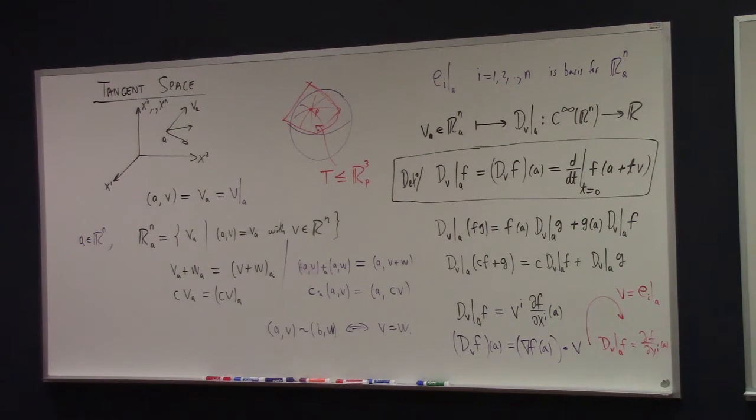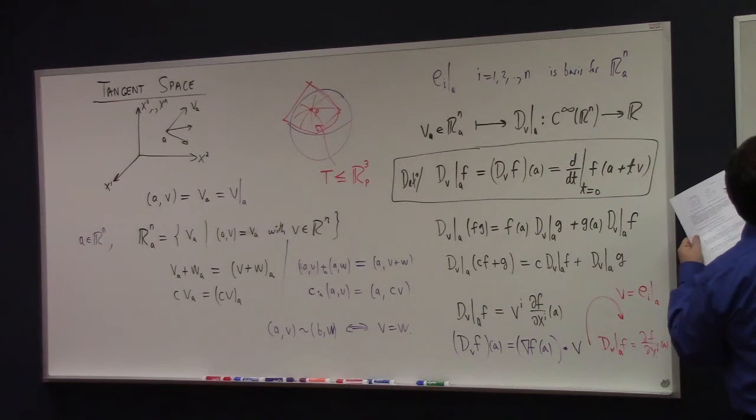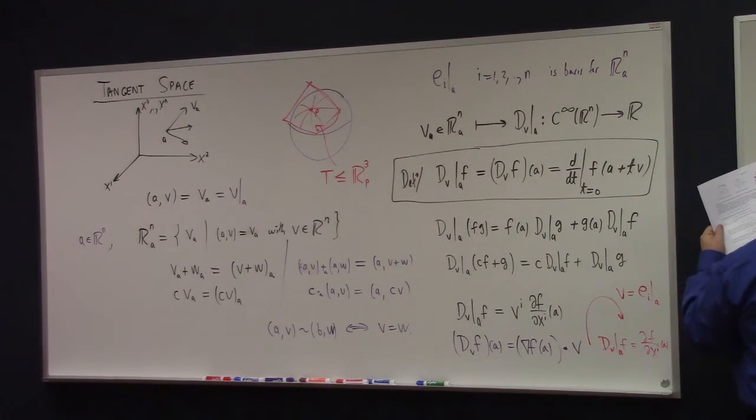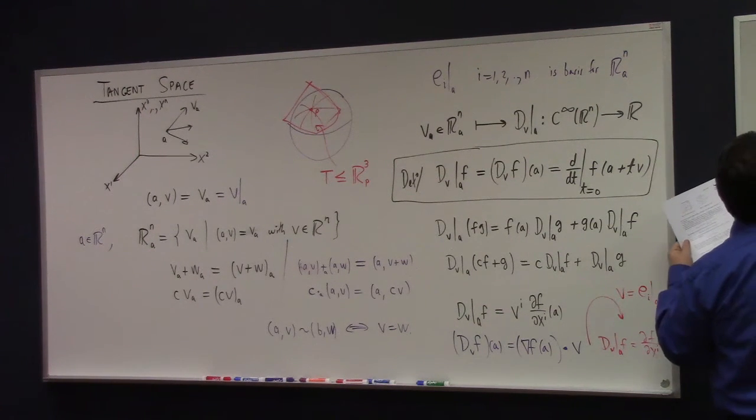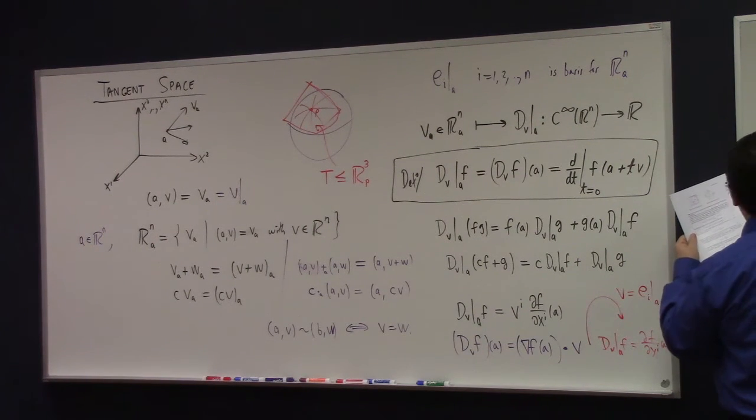It's called a derivation at a if W is linear and satisfies the Leibniz rule.